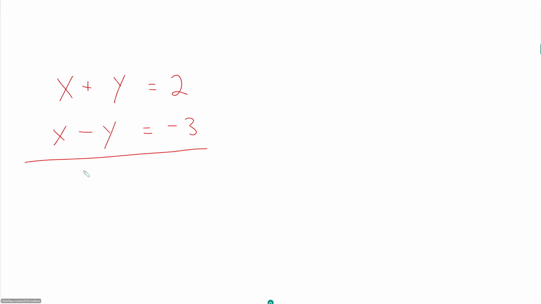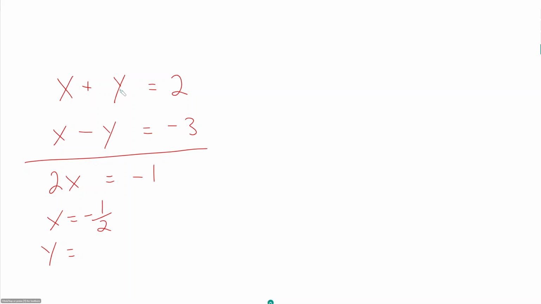You can add or subtract them if you want. So I want to add them, and that would give me 2x, and then my y's would cancel out. 2x is equal to -1, and therefore x is equal to -1/2. And then you can plug that in here.